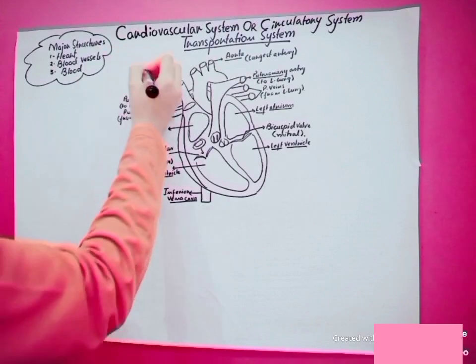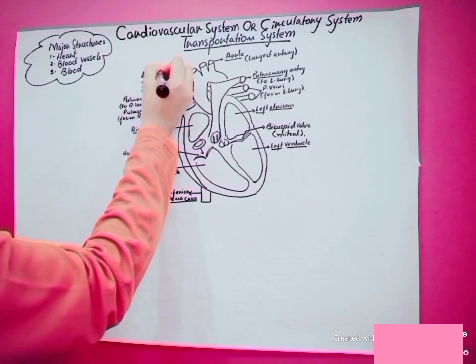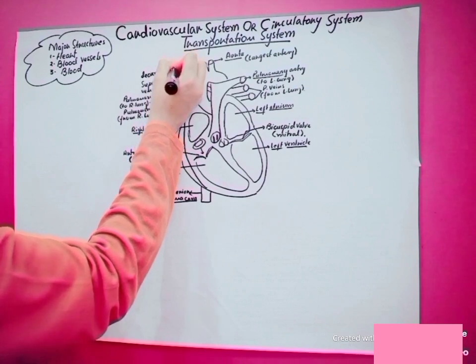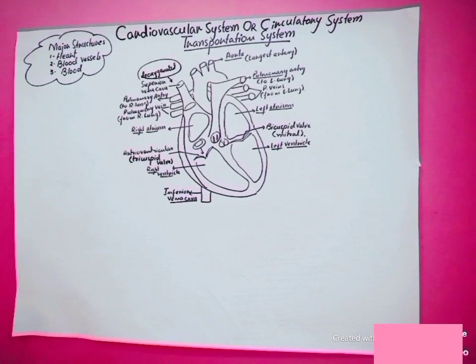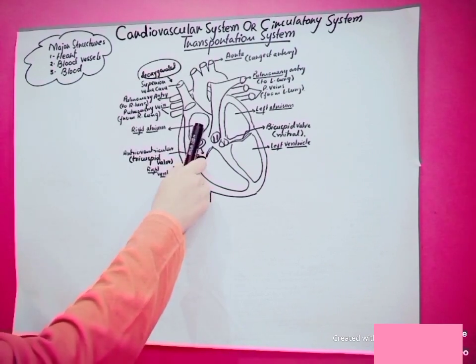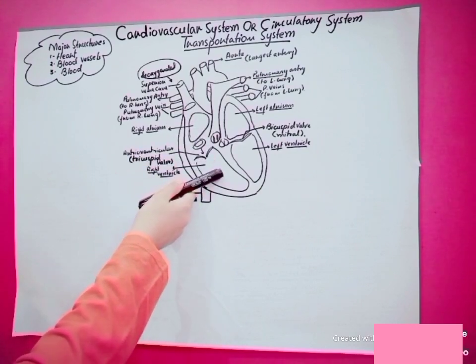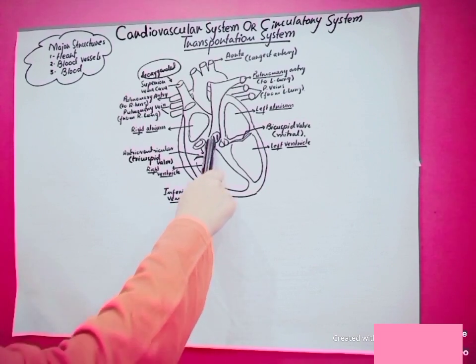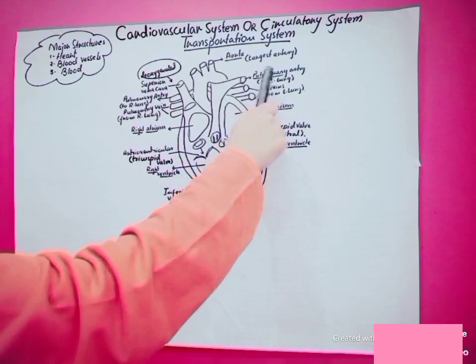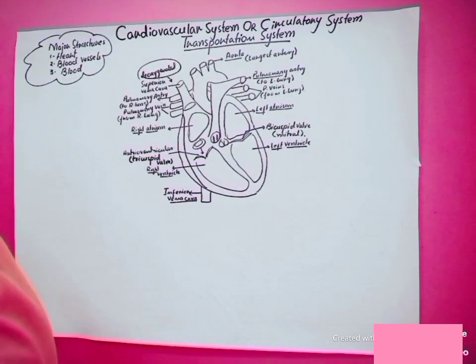The deoxygenated blood from the body enters the superior vena cava and inferior vena cava to the right atrium, then from right atrium to the right ventricle. This deoxygenated blood then enters the pulmonary artery to the lungs for oxygenation.